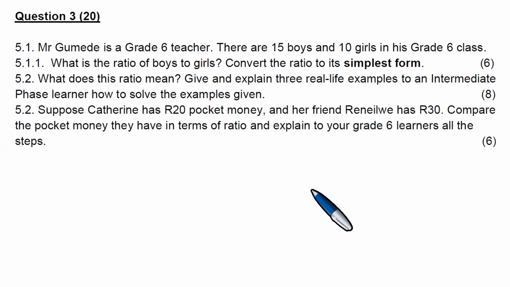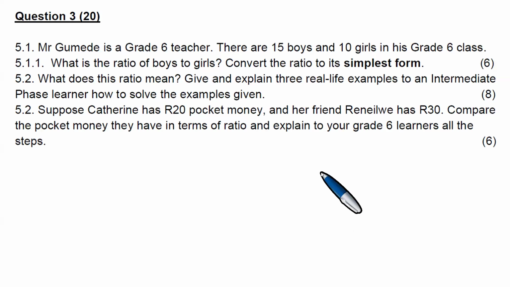Suppose Catherine has 20 Rand pocket money and her friend Renee has 30 Rand. There are questions there in terms of comparing the pocket money they have in terms of ratio, and explaining to grade 6 learners all these steps.